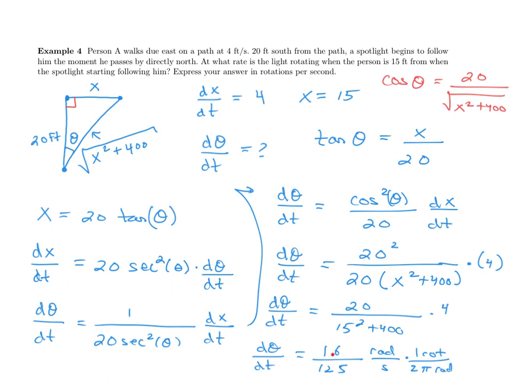We'll have 16 divided by 125 times 2 pi. I'll put that exact answer over here. This is going to be 2 goes into 16 8 times. And we're still left with 125 and pi in the denominator. And this is in rotations per second. And that is the final answer.